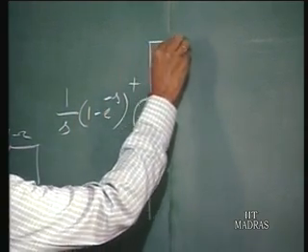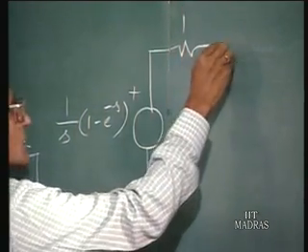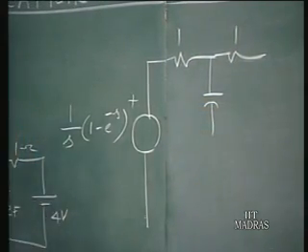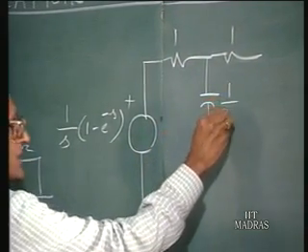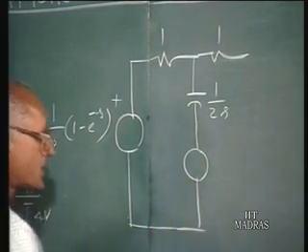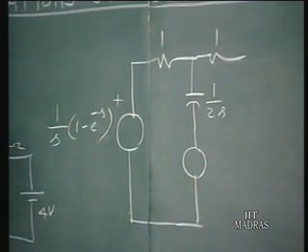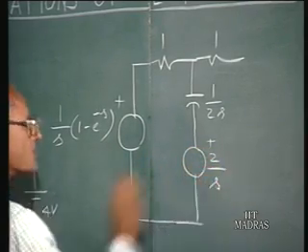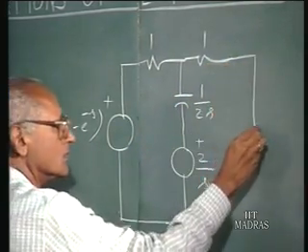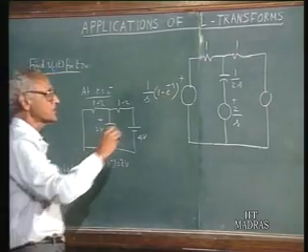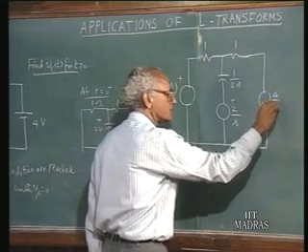In addition, we have this resistance, another resistance of 1 ohm, and then a capacitance whose generalized impedance is 1 over 2s, and then a source representing the initial capacitor voltage. This is a 2 volt source, therefore this will be 2 upon s, and then you have the Laplace transform of this DC voltage source, which is 4 upon s.